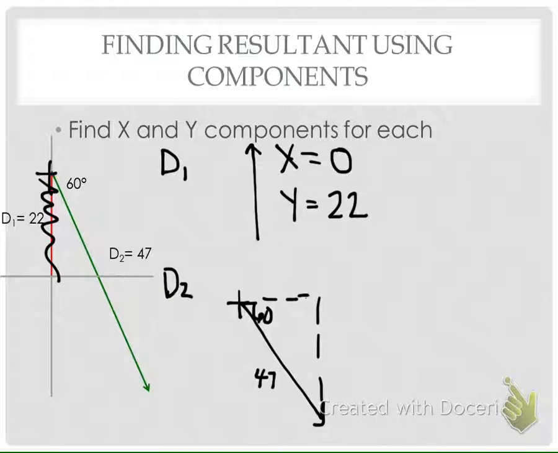So does this make sense? We're taking each individual vector and breaking it into its x and y components. Knowing what we know about this triangle, can we break it into d2x and d2y? Yes, we can.